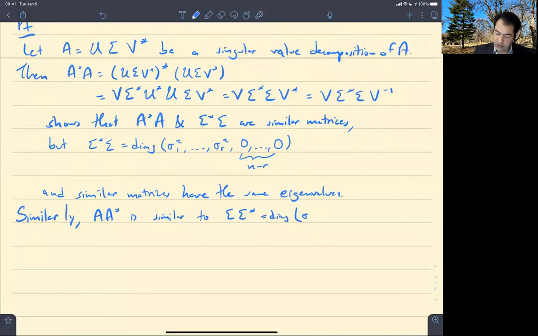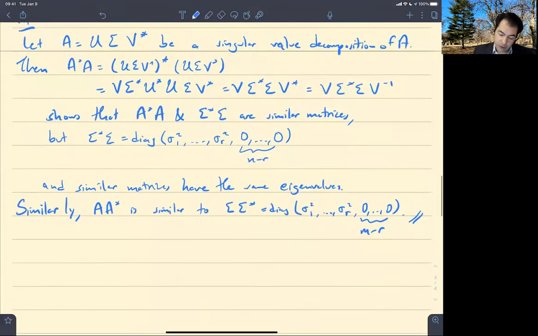Just by direct computation, this is a diagonal matrix with diagonal entries sigma 1 squared through sigma r squared, and then possibly a bunch of zeros. You'd have m minus r zeros there. So again, similar matrices have the same eigenvalues. So the non-zero eigenvalues of A A star are sigma 1 squared through sigma r squared. Okay, and that's what we wanted to show.